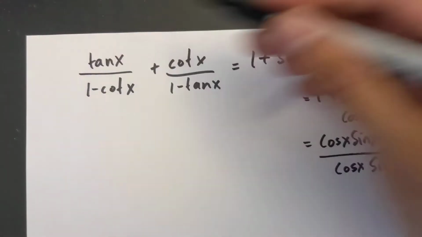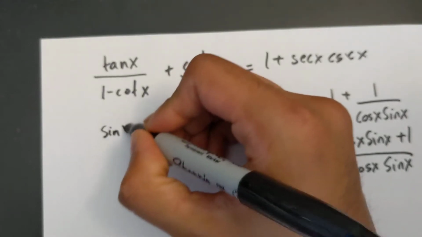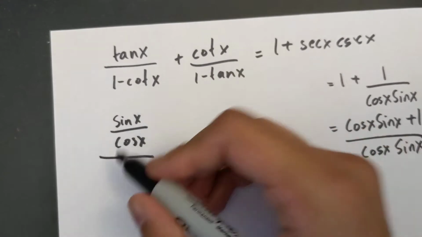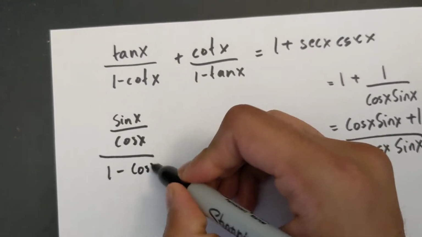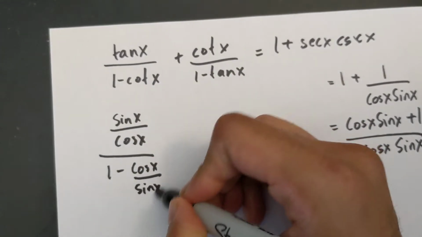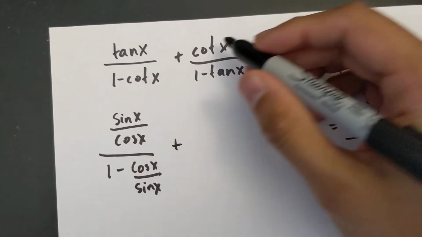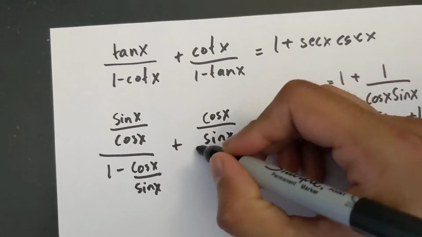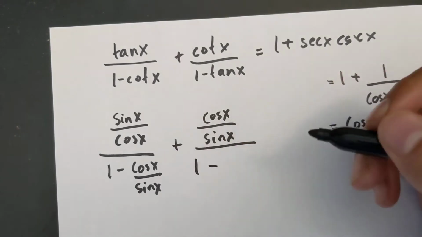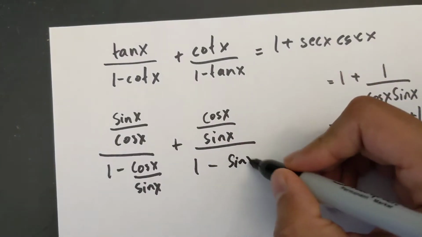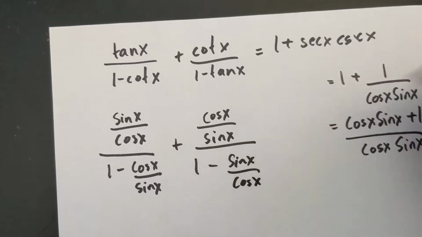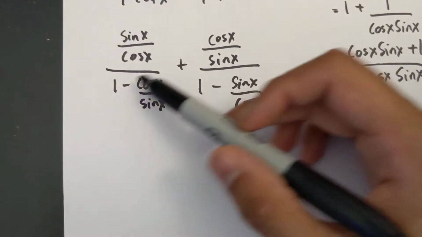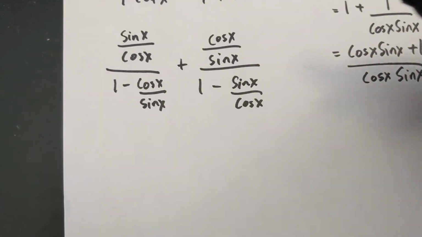cos. So tan x is sine x over cos x, and cot x is cos x over sine x. Same thing over here, that's cos x over sine x over 1 minus sine x over cos x. Okay, now my next step is just to make a common denominator on the bottoms.